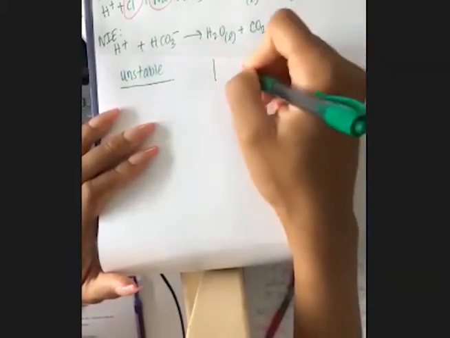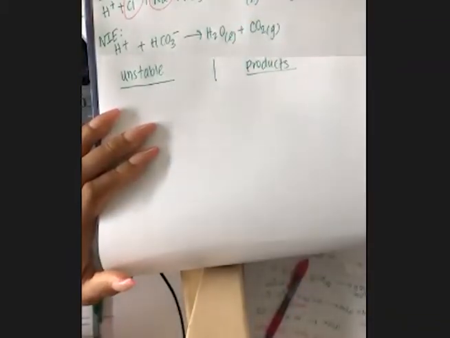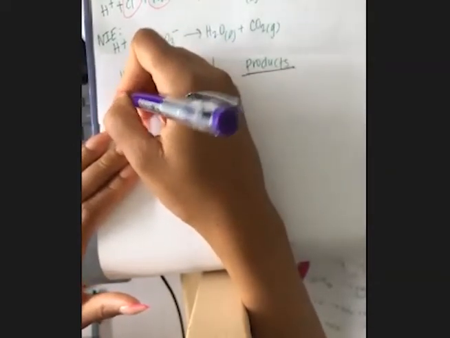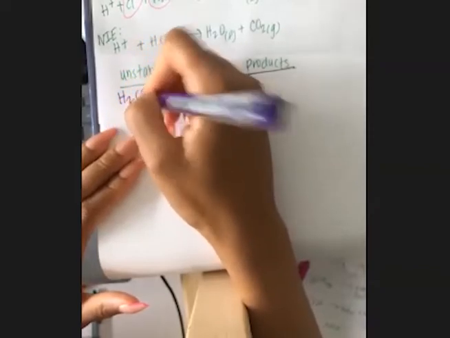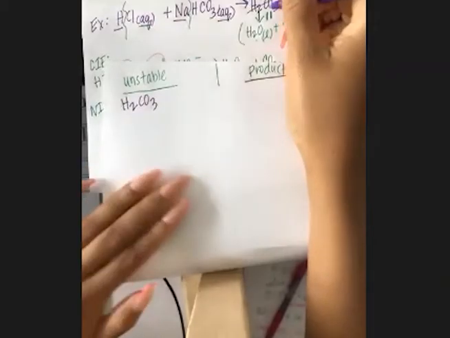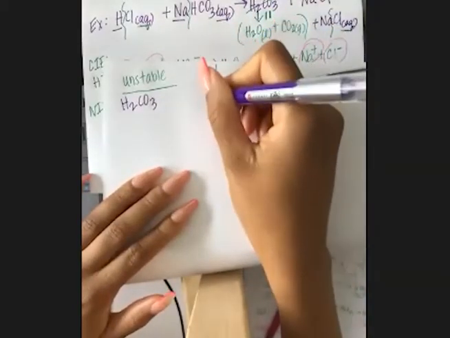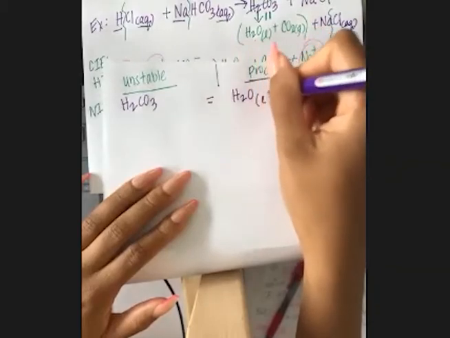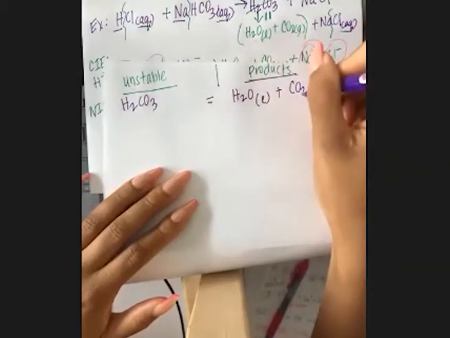I'll write this in purple. All right, so carbonic acid, H2CO3. That's what we just had right here. Anytime we see that, we have to know that it's going to break down to liquid water and carbon dioxide gas.